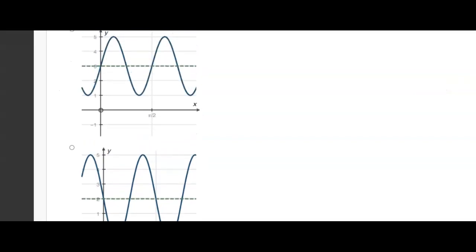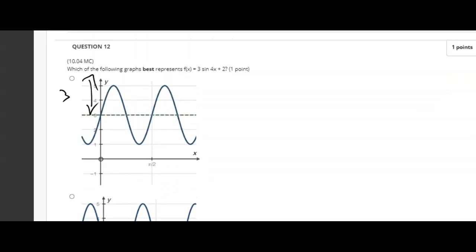Now the next piece of information we need is this one, the 4. The 4 tells you the period. The period will be 2 pi over the absolute value of b.